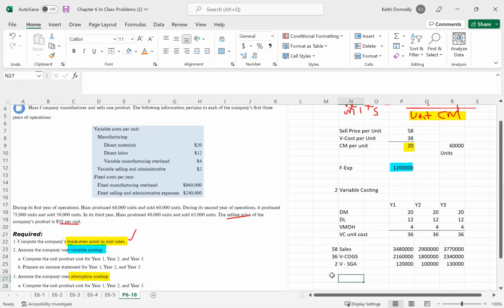With that, we can get our contribution margin. It's going to be our sales minus our variable expenses. Carry that across the board there.